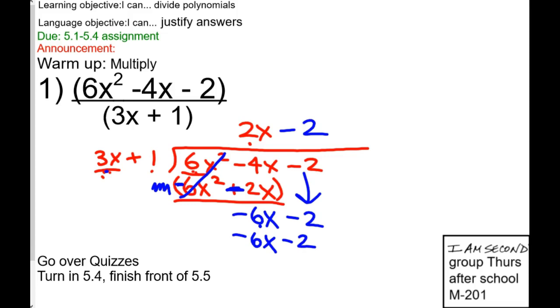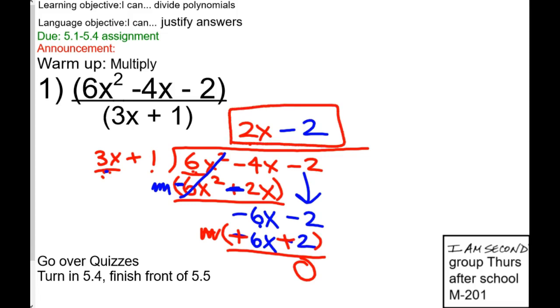But I like to show that. I'm going to subtract this whole second row. And that changes this from a minus to a plus. And this minus turns into a plus. Negative 6x plus 6x is 0. Negative 2 plus 2 is 0. There is no remainder. So my final answer is what I have on top. 2x minus 2 is what I get.